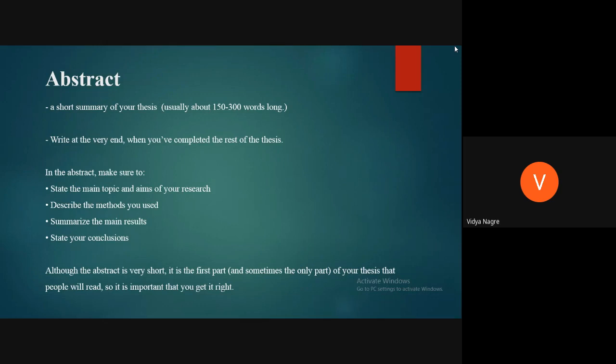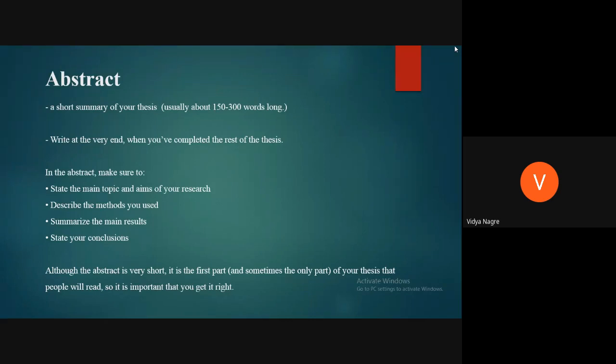Now, the abstract is a very important part of your research. Very important, I must say, because this is a mirror of your work. And people usually read the abstract and then they decide whether your research work has to be referred or not. Now, understand, the abstract is a short summary of your whole work. Summary in the sense that there are certain things which have to be mentioned in your abstract.